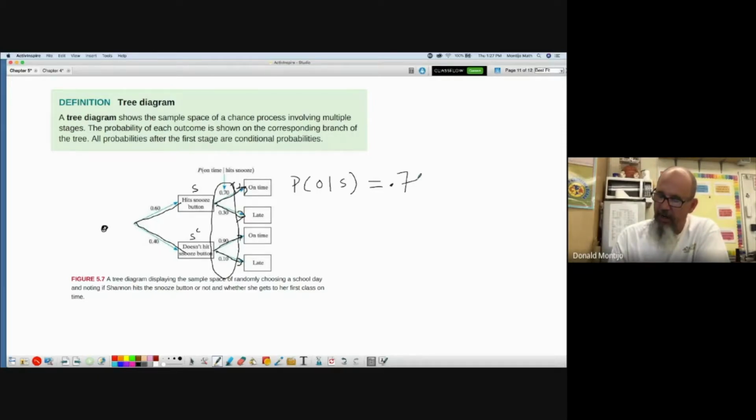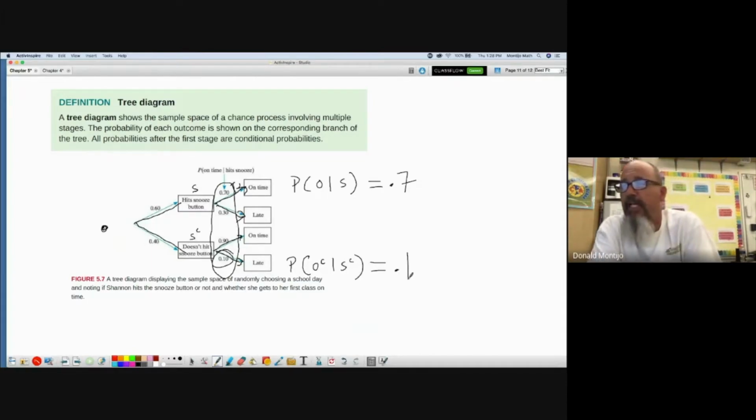This one here, let's look at this 0.1. That's the probability that you were not on time given that you did not snooze, which is 0.1. Okay. So this is a great way to represent conditional probabilities. Let's erase this chicken scratch on here and look at another example.